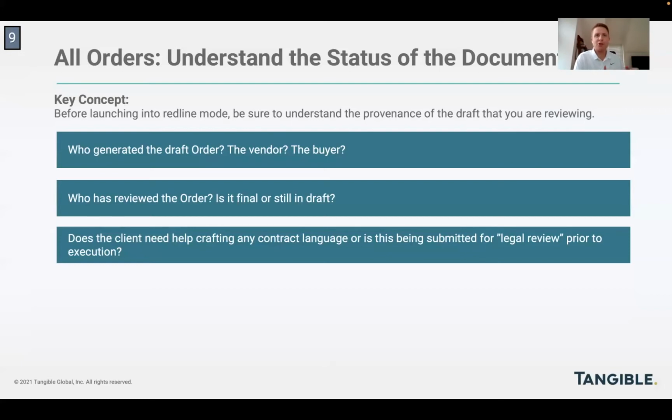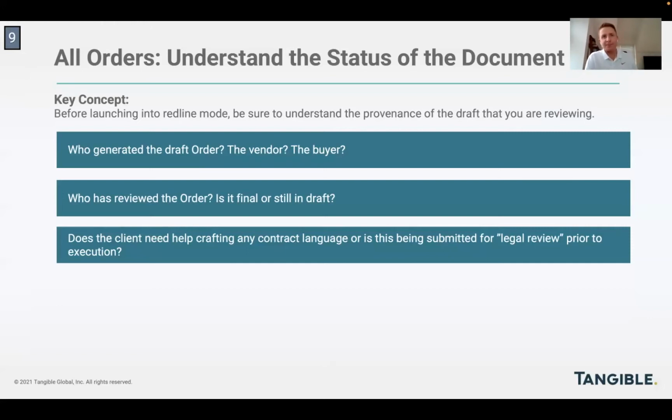So specifically, you should consider who generated the draft that you are reviewing, and think about how much familiarity the drafting party has with the contracting process. So is this a draft that came straight from the vendor, or did it maybe come from your client, the buyer? They put this together as a proposal, something they want to buy. And who's contributed to the draft that you're reviewing should inform how you seek to edit or change the provisions that are in that draft of an order.